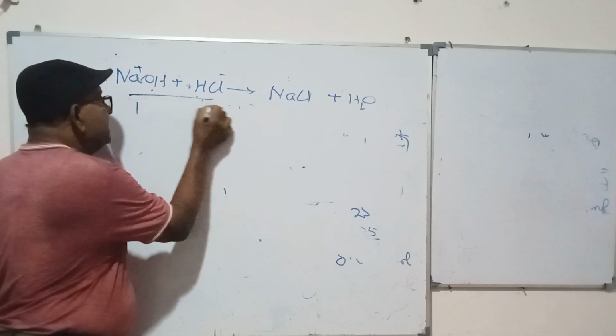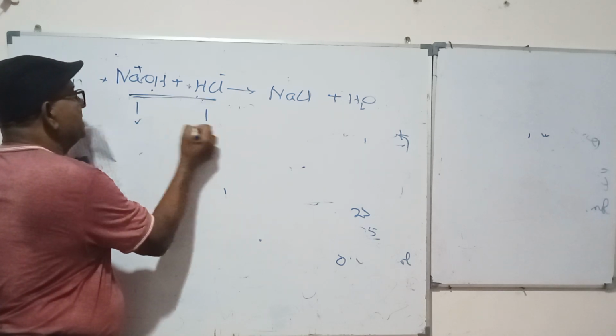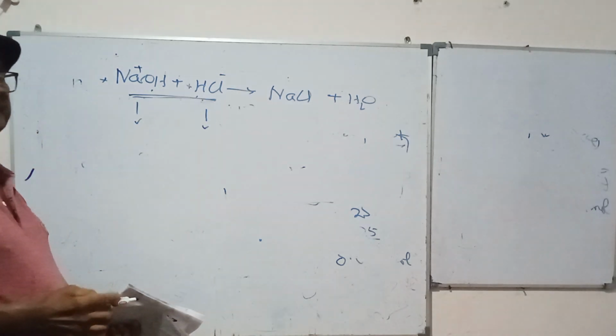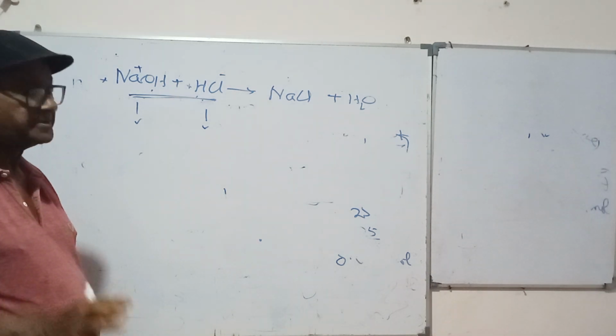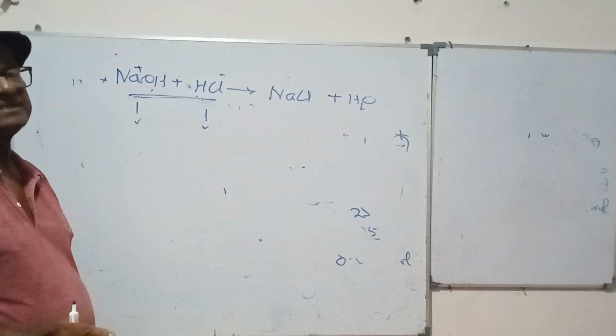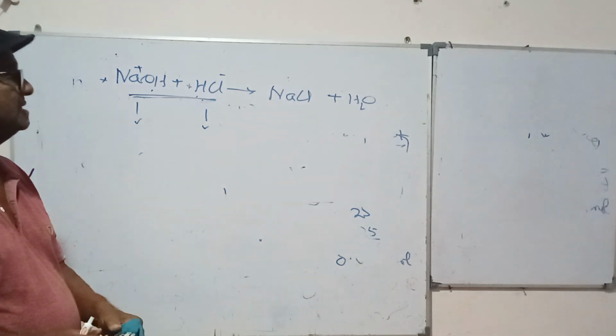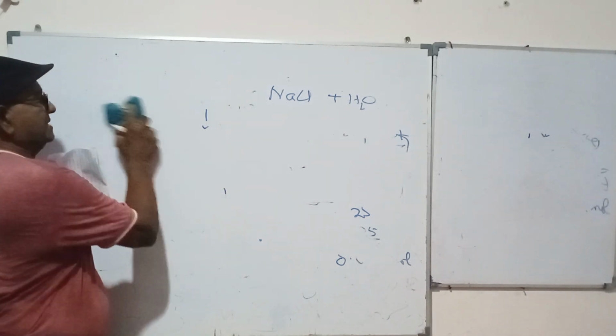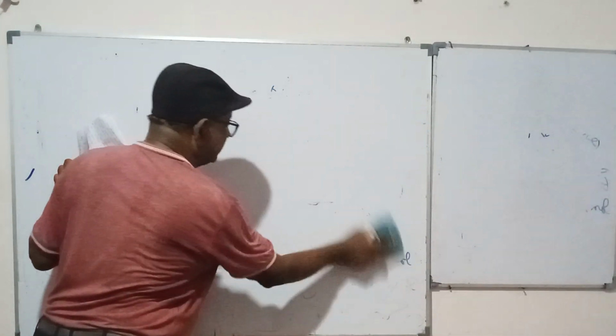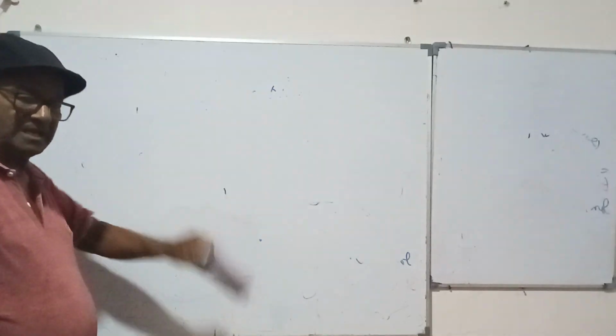We are unable to change that stoichiometry. It is a method of determination of a stoichiometry using a titration, right? Then, this is the normal titration, strong acid and strong base titration.